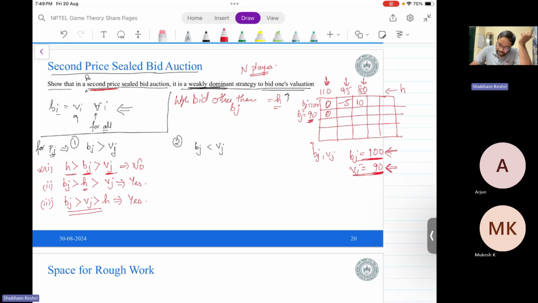When he is bidding 90 and the highest bid was 95, he is getting a utility of 0 because he is losing. And when he is bidding 90 and the highest bid except his bid was 80, he is winning and paying 80. So his utility is 90 minus 80, which is 10.